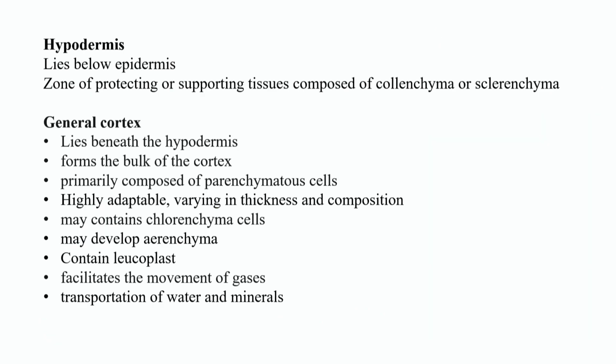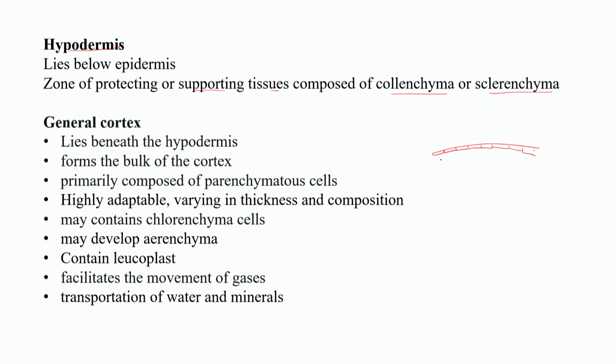Now coming to the first important part of ground tissue, that is the hypodermis. Hypodermis is just present below the epidermis, and it is a supporting tissue composed of collenchyma or sclerenchyma.